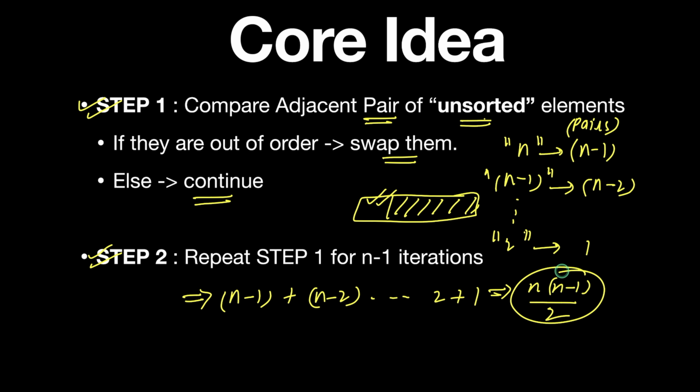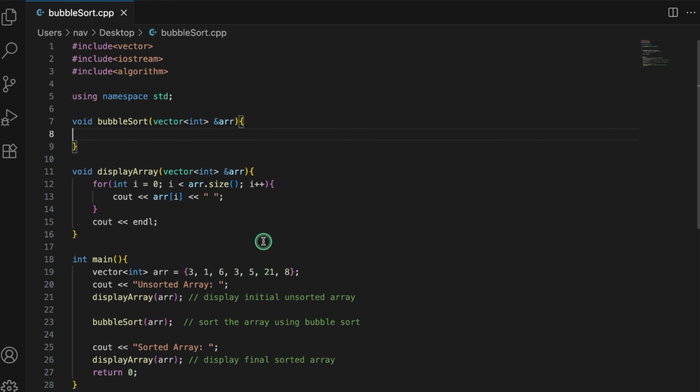So if an array has n elements, the total number of comparisons that bubble sort does is n into n minus 1 over 2. I hope this is clear. This will be very useful when we compute the time complexity as well as when we write the code. I hope that the core idea is very clear at this point. Let's now write the code.